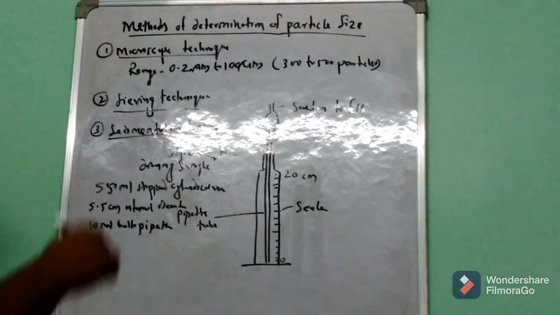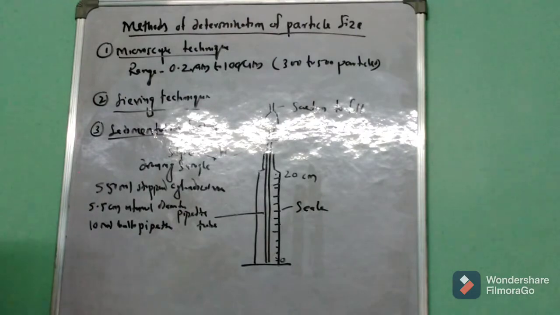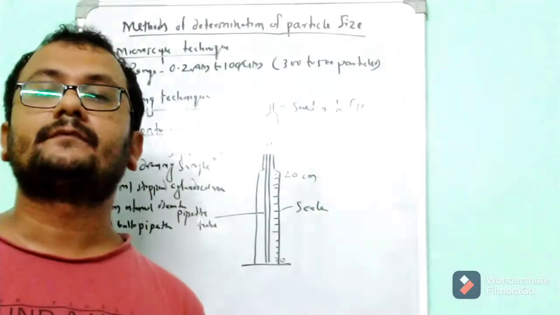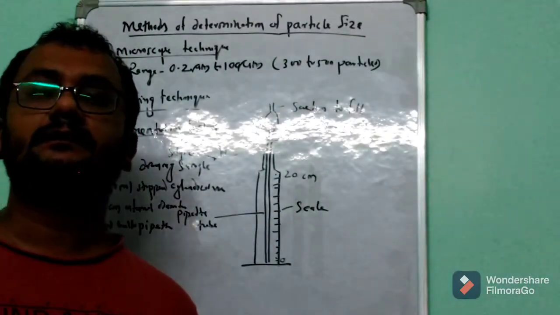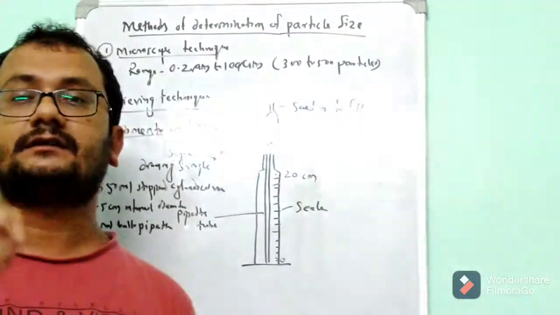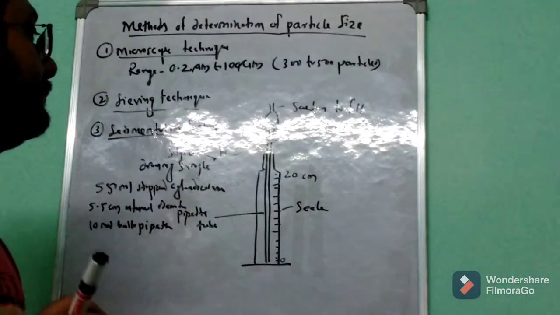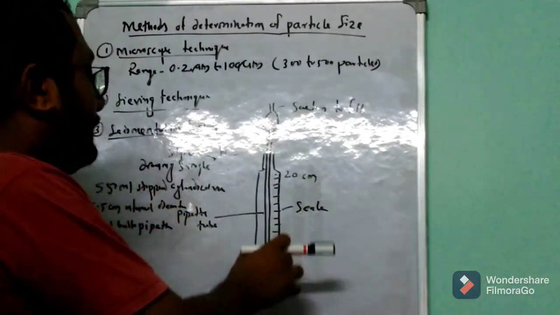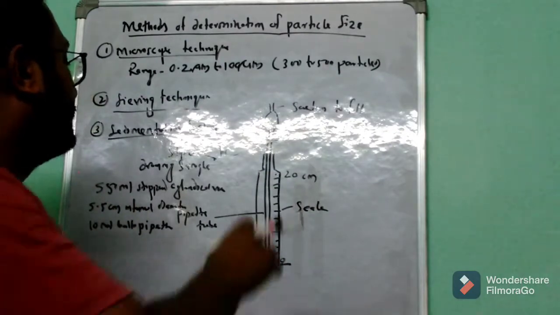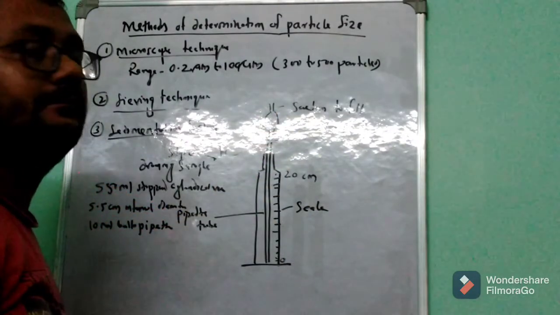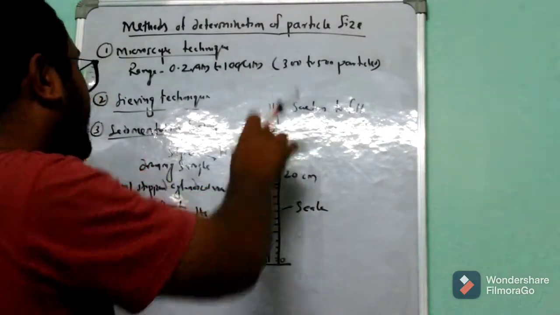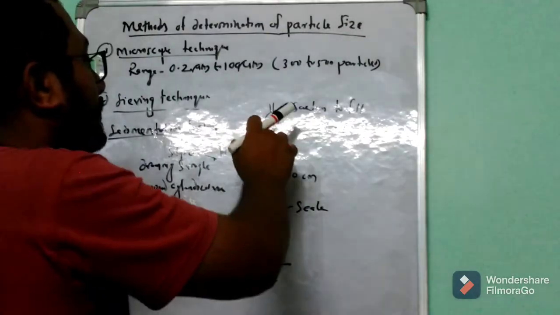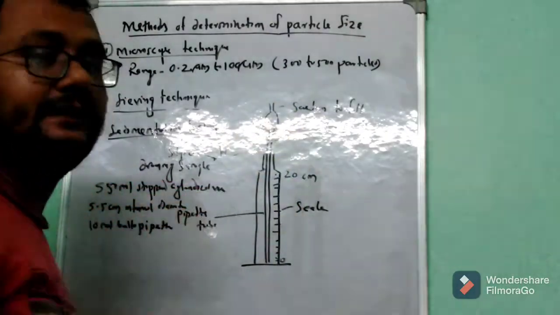Then coming to the sedimentation technique. For this we also use a suspension, and the apparatus is called Andreasen's pipette. This pipette has a cylindrical vessel at the bottom, connected to a stoppered bulb tube, or pipette, in the middle.